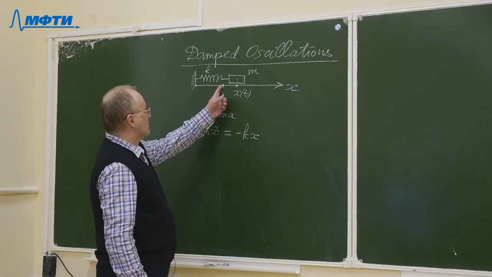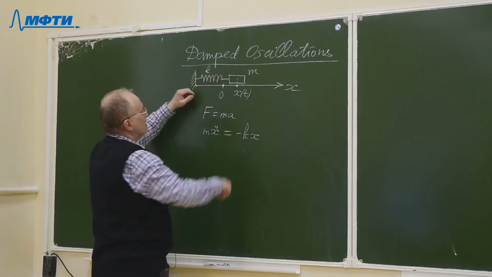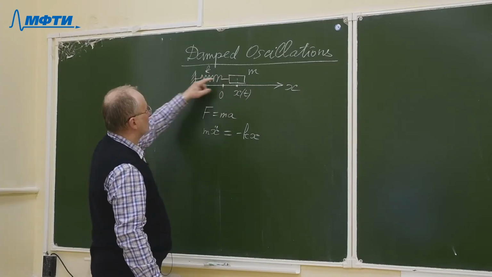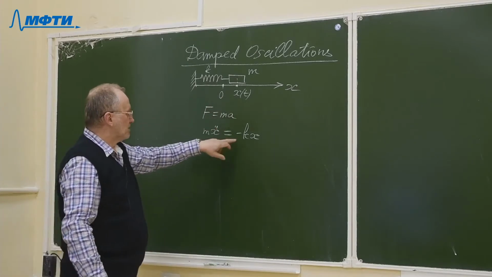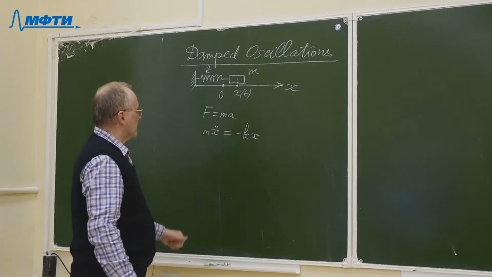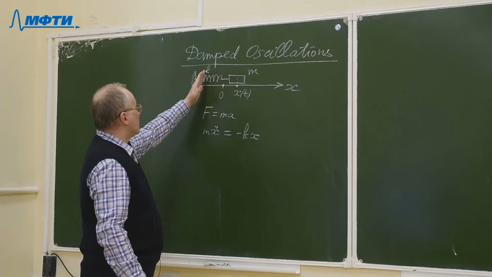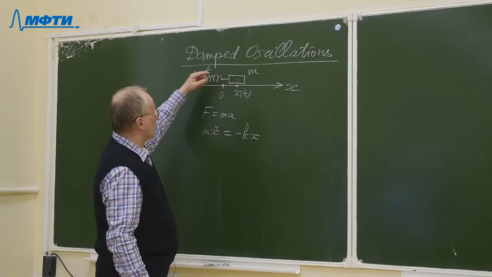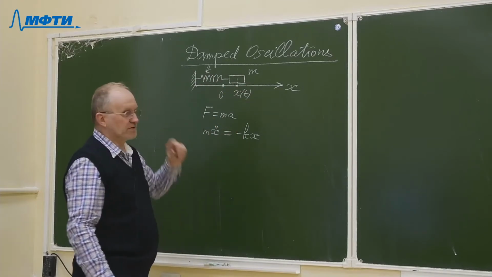Why minus? Because if x is positive, then the spring is extended and it's exerting a force directed in the opposite direction, opposite to the displacement x. That's why if x is positive, then the force will be negative, and vice versa. If x is negative, that is, the spring is compressed, then the force from the spring acting on the body will be directed in the positive x direction. So if x is negative, the force will be positive.